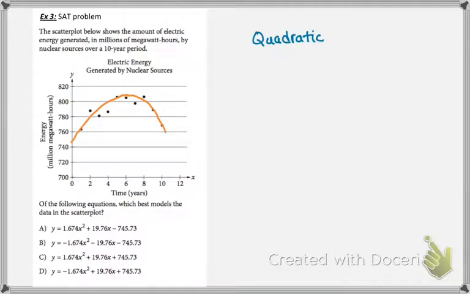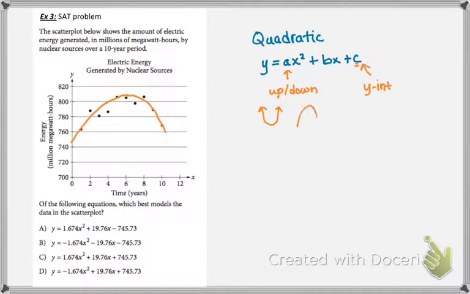And the standard form of a quadratic equation, you might recall, is y equals ax squared plus bx plus c, where a tells us whether my parabola opens up or down, remember that, and c, just like the constant for y equals mx plus b, the constant here represents my y-intercept. And so we have a parabola that is going to model this data.